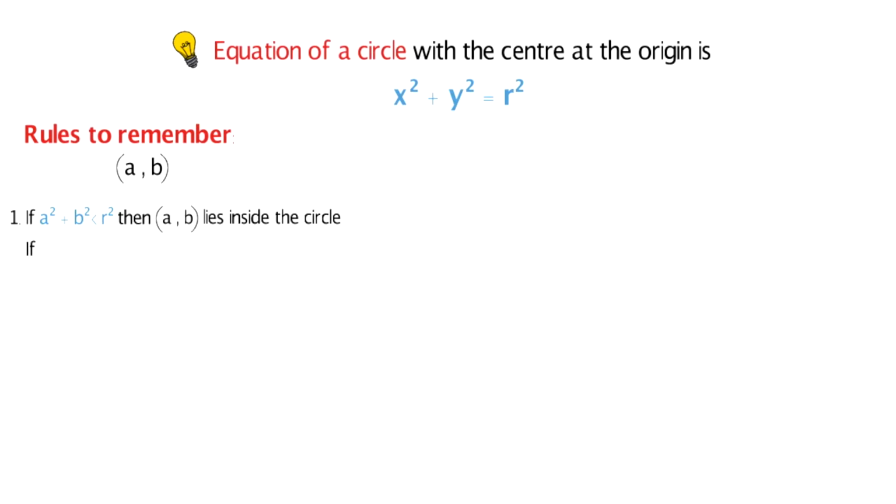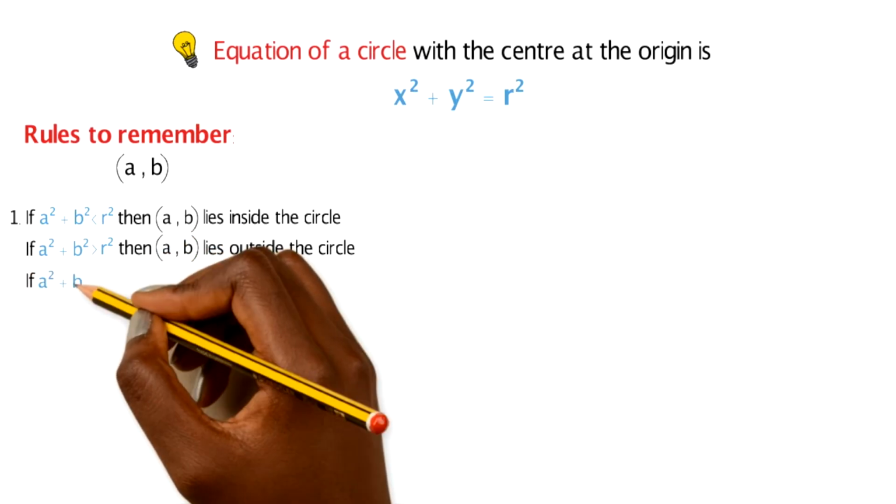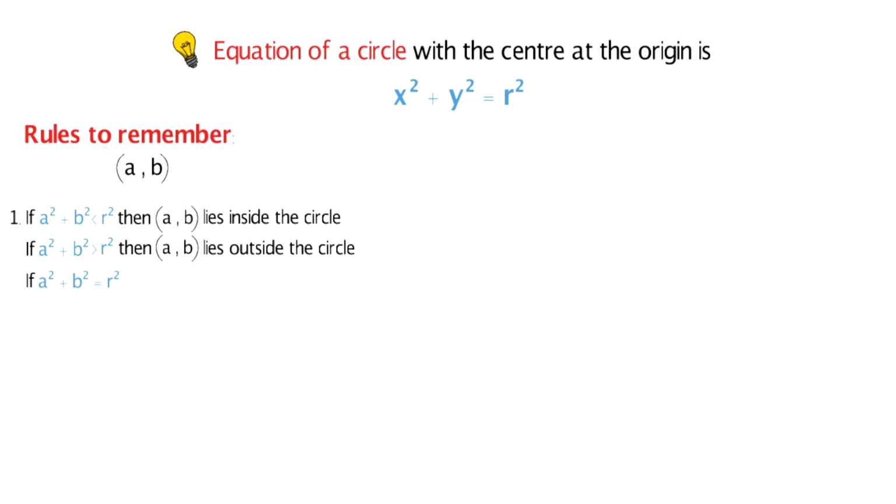If, however, a squared plus b squared is greater than r squared, then the coordinate lies outside of the circle, as it's bigger than the radius squared. If a squared plus b squared is equal to r squared, so not more than or less than, but equal to, then the coordinate lies on the circle.